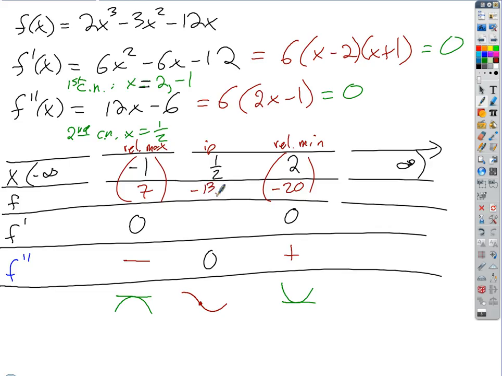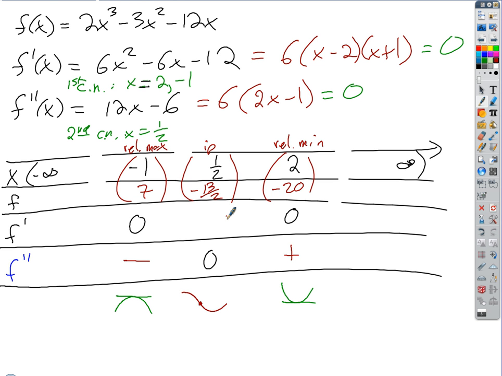Somebody might want to check. So we get 1/4 minus 3/4 is -1/2 minus 6. That's right. So it's -13 halves, -6.5.